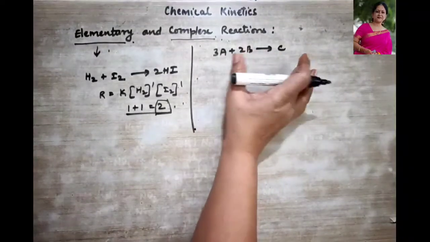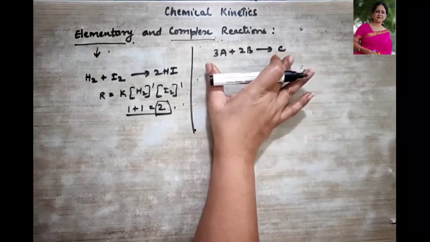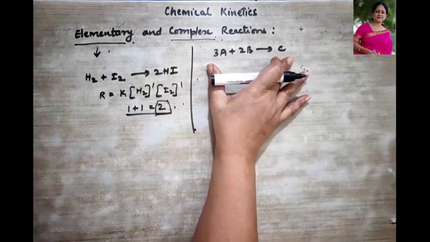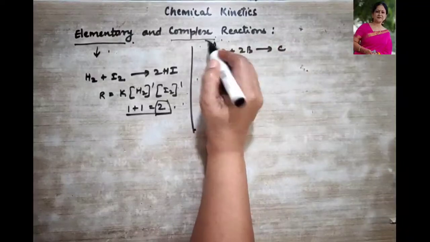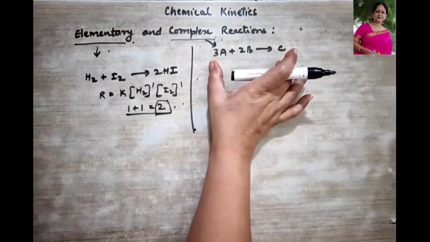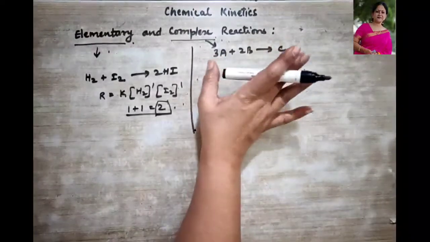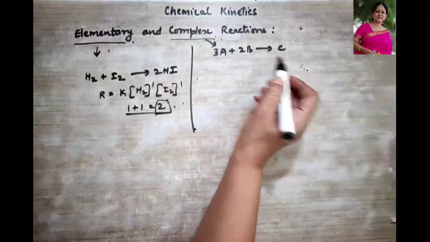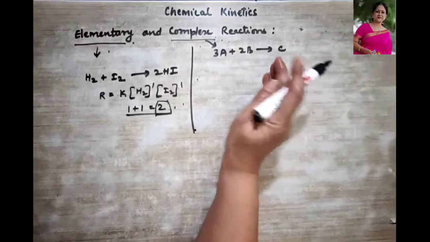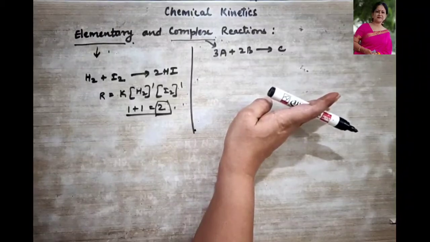Now simply you might think that this is an elementary reaction, but no, it is not an elementary reaction. This is a complex reaction. Now let us look at the mechanism of this reaction, then we will understand how it became a complex reaction. This particular reaction can be subdivided into 3 different elementary reactions.